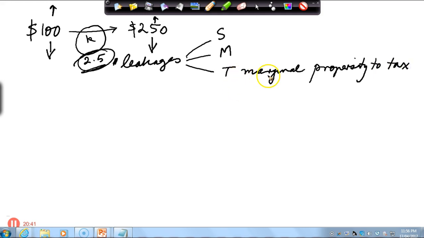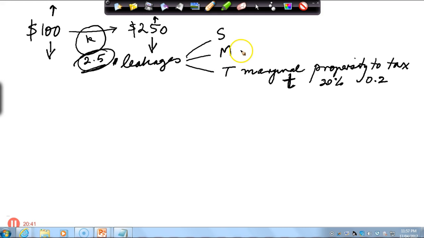That means there's some percentage of income that will be taxed, which we can represent by a lowercase t. So for example, it might be 20% of income, or in other words, 0.2 of income. So we'll represent that by a lowercase t.